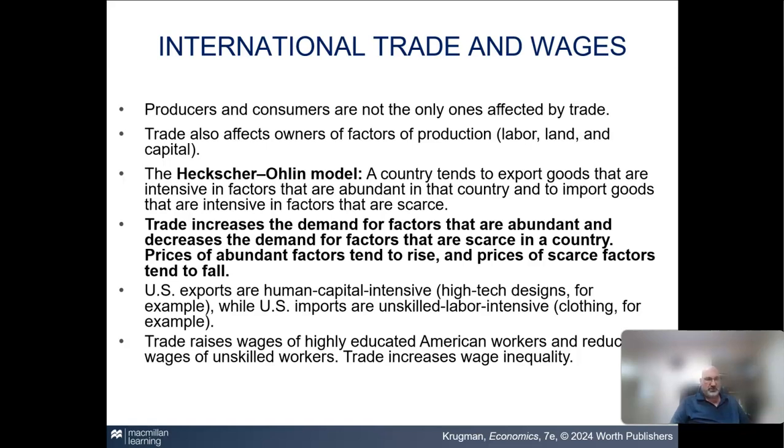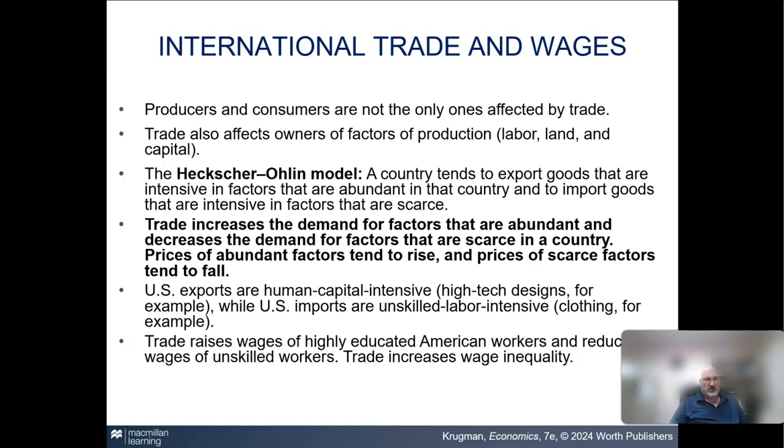It affects the owners. So what we have is the Heckscher-Ohlin model. Countries tend to export goods that are intensive in factors that are abundant in that country, and import goods that are intensive in factors that are scarce in that country. So trade increases the demand for factors that are abundant and decreases the demand for factors that are scarce. So prices of abundant factors tend to rise and prices of scarce factors tend to fall.